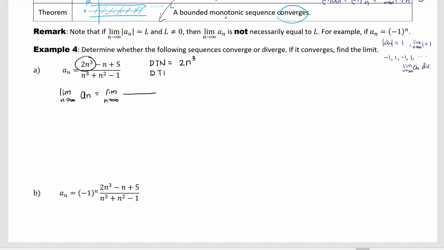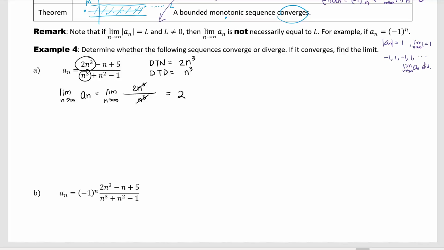And the dominant term of the denominator is n cubed, right? Dominant term is the term with the highest power. Okay, so after we figure out the dominant terms, the limit of this rational function is just the limit of the ratio of the dominant terms. Okay, and you see n cubed cancels, and we get 2. So this is our answer.